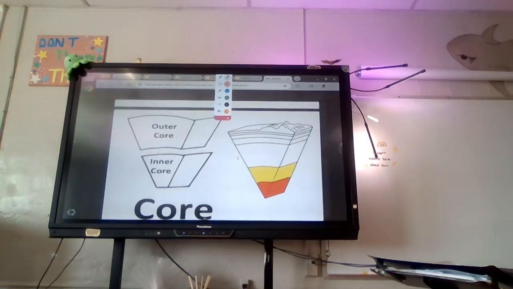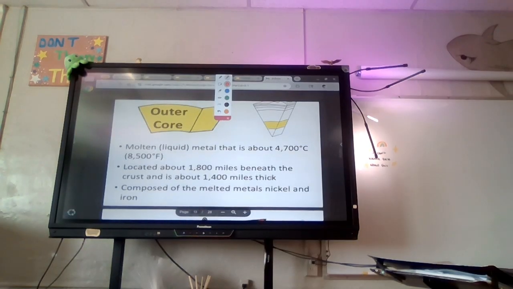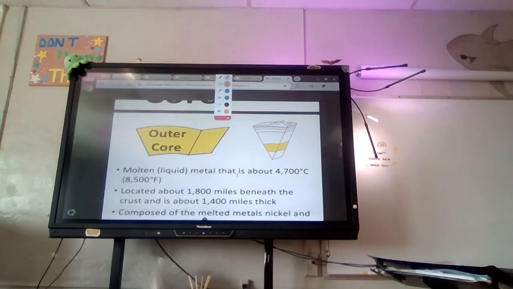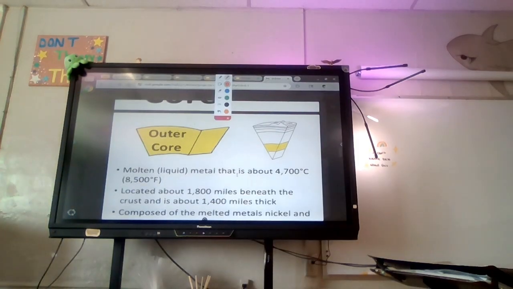And then we have the core. So the inner core is that yellow part, and the outer core is that red part. The outer core is liquid, so write that down if you have it. And then the inner core is solid, even though it's more central.